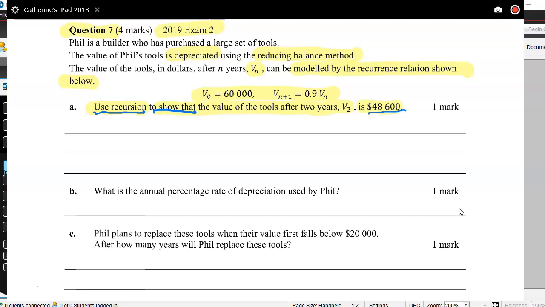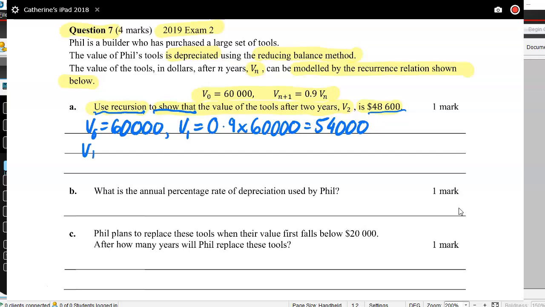Okay, so let's set this out. We've got our V0 equals 60,000. So my V1 equals 0.9 times 60,000, which is $54,000. Okay, V1 equals 54,000.